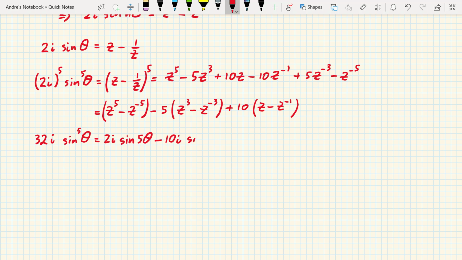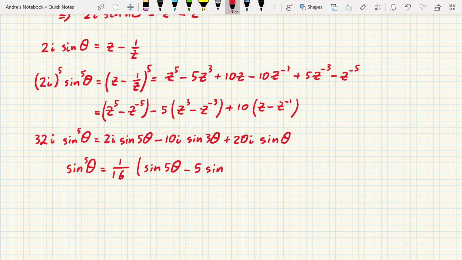Consequently, we can simplify the above equation to 32i sine to the 5 theta is equal to 2i sine 5 theta minus 10i sine 3 theta plus 20i sine theta. All we need to do now is divide both sides by 32i, and we end up with the result sine to the 5 theta is 1/16 of (sine 5 theta minus 5 sine 3 theta plus 10 sine theta).